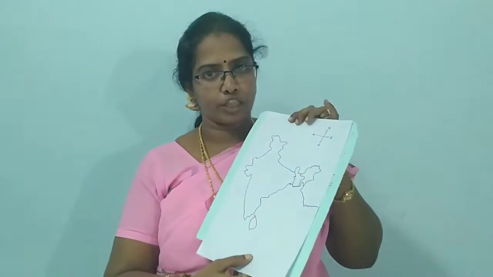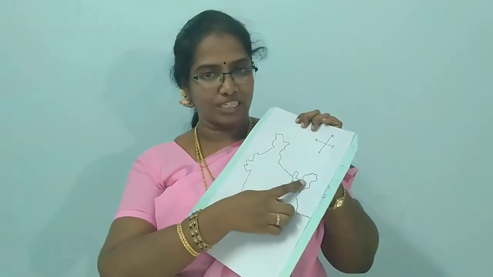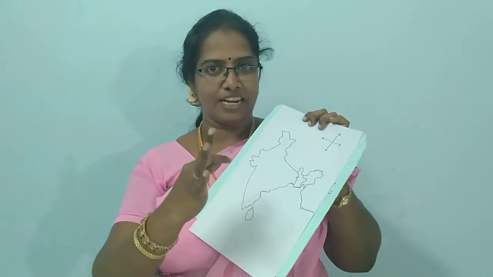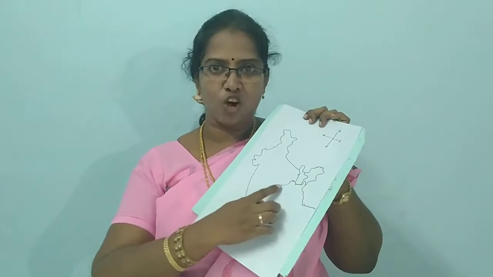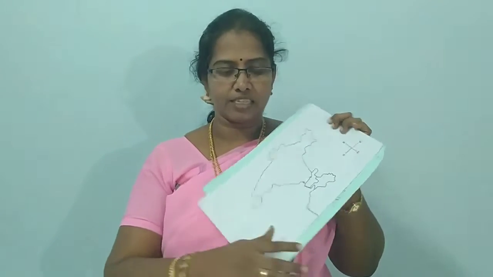Likewise, tropical deciduous forest, otherwise called monsoon forest, I showed on the map: the Punjab to Assam area, the central part's three areas, Madhya Pradesh, Jharkhand and Chhattisgarh, and the southern part of India also. Is it clear, children? If you have doubts, after reopening you can ask me.